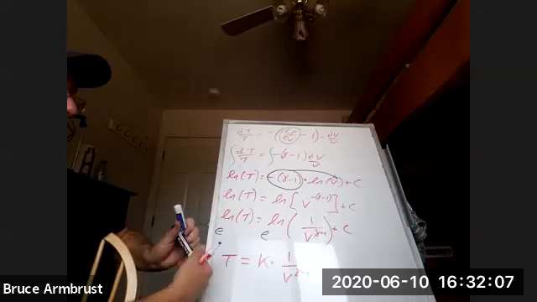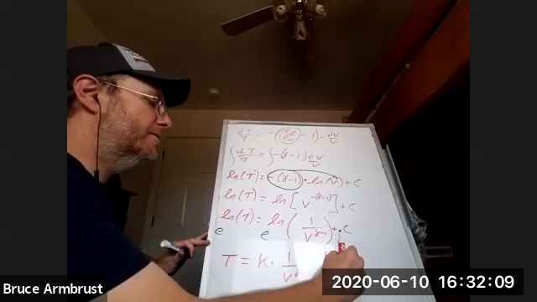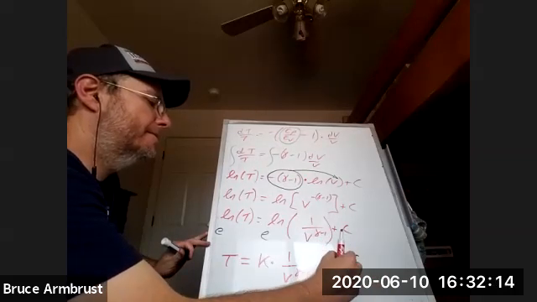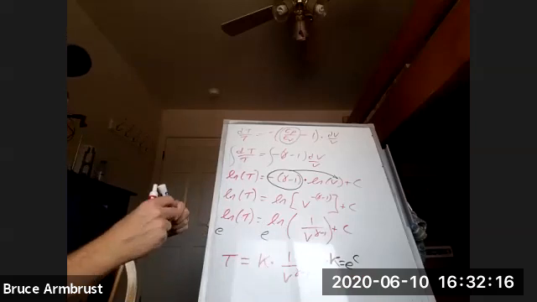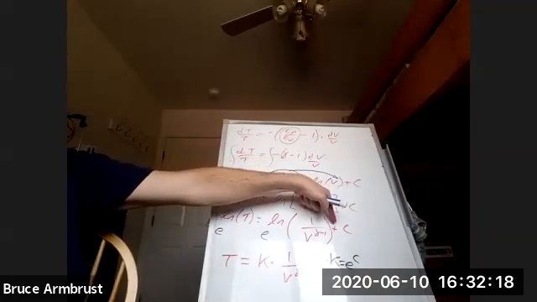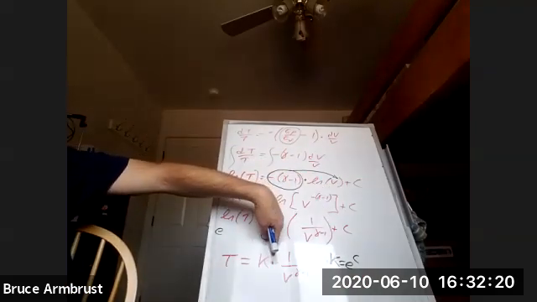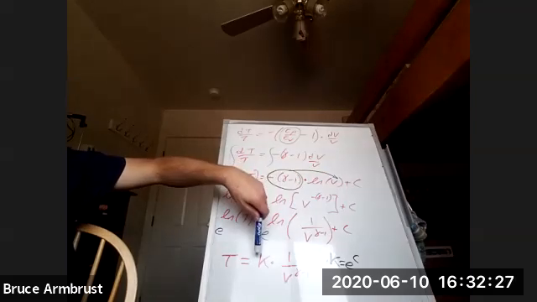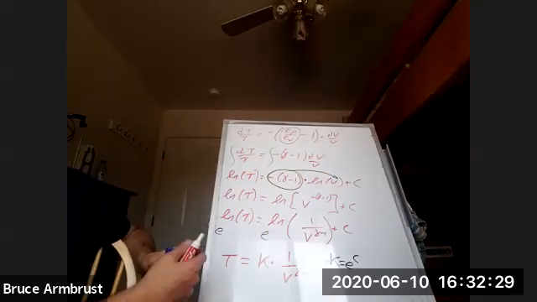And that k just equals e to the C, because remember, an addition in an exponent is the same as multiplying outside of the exponent. C was an arbitrary constant, which means k is also an arbitrary constant.